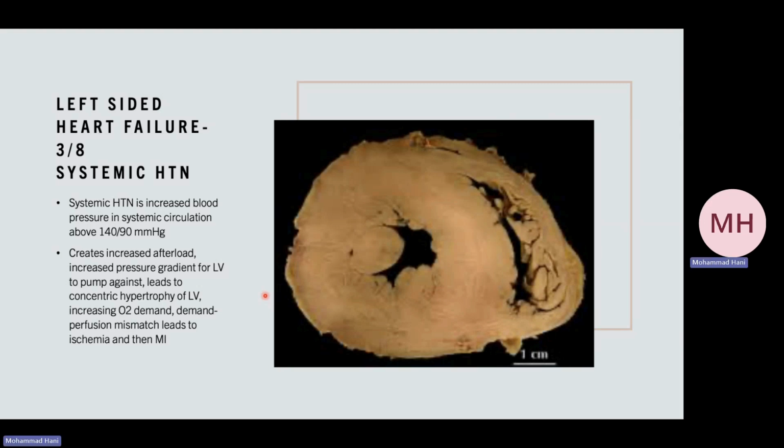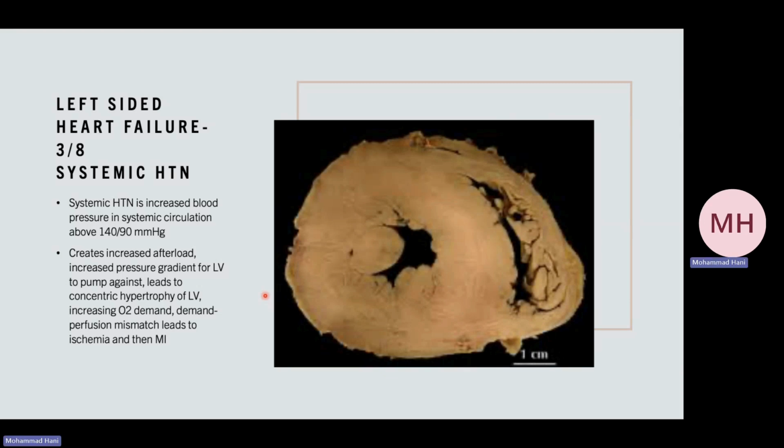An increased pressure means the myocardium has to increase its work to pump against this pressure. And as it tries to increase work as a compensatory mechanism, you have left ventricular hypertrophy.